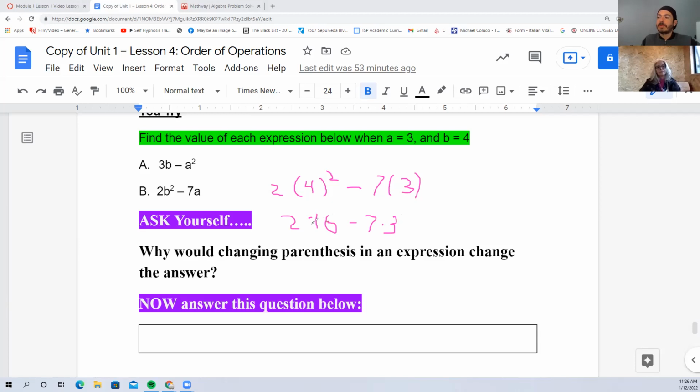So now we have multiplication happening twice, and we have subtraction. I'm going to do multiplication in the same step. We could, if we really wanted to break it down, work this one first and then work this one in accordance with the rules, but the math is going to work out the same. So 2 times 16 is 32.